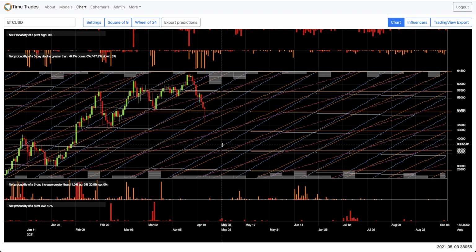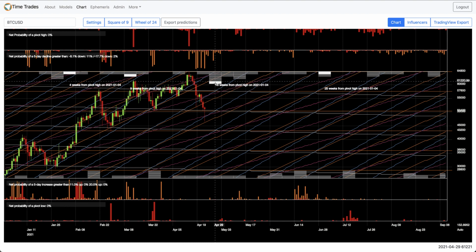And this is also on a date where there's a pivot low. And that's also coming at the end of a week where there are 5 separate perfect square days coming from prior pivots, dating all the way back to 2017.